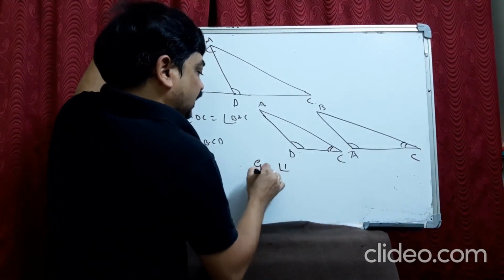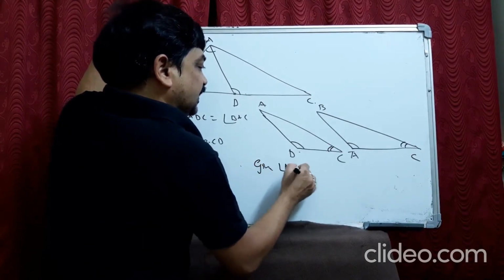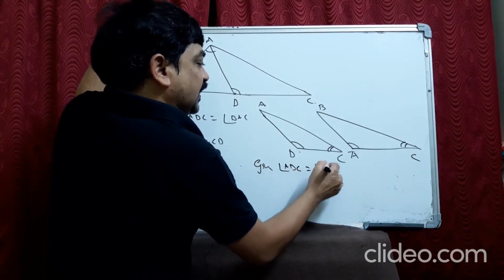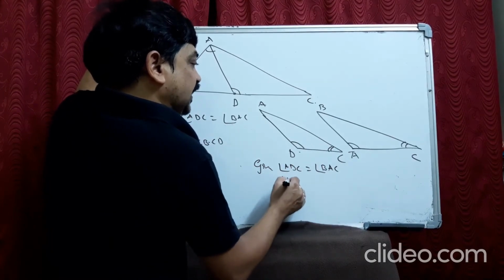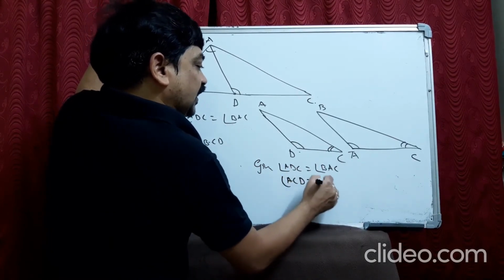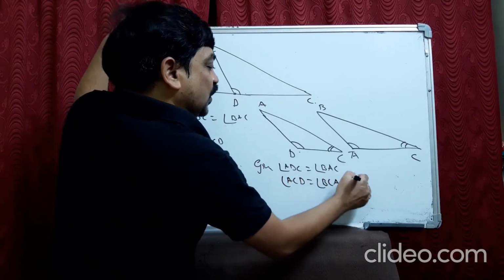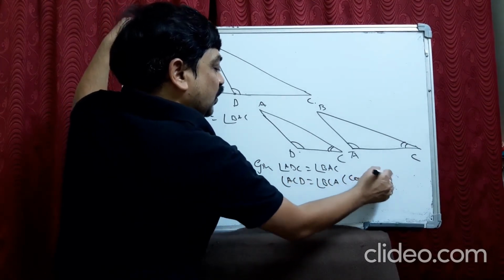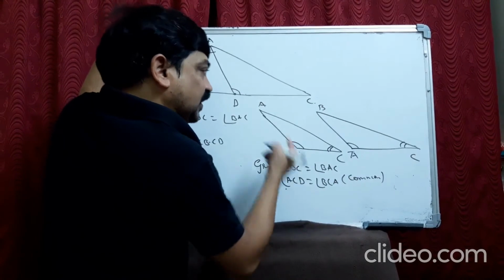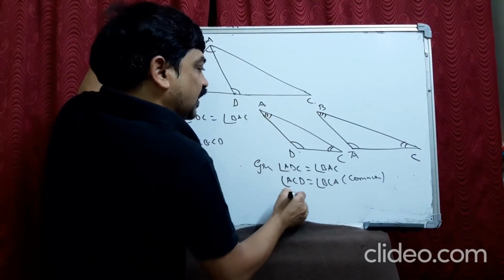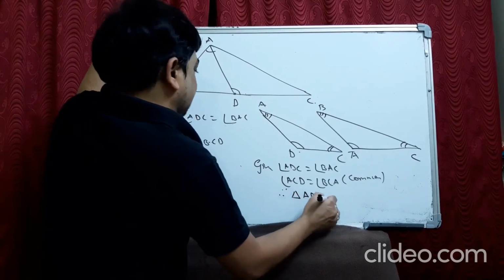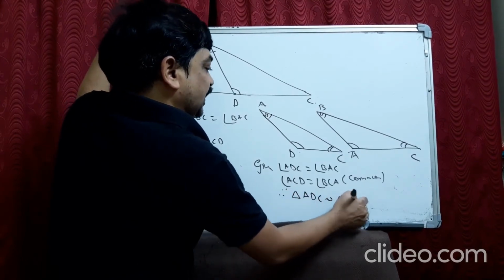So given angle ADC is equal to angle BAC, and angle ACD is equal to angle BCA, which is the common angle. So according to the angle sum property, the third angle also will be equal. Therefore, triangle ADC is similar to triangle BAC.